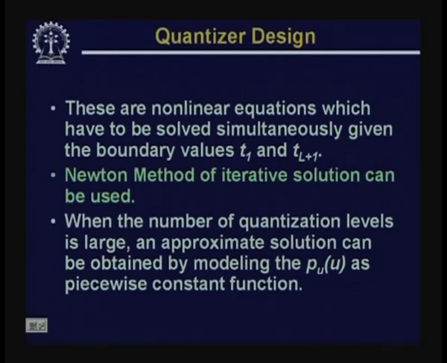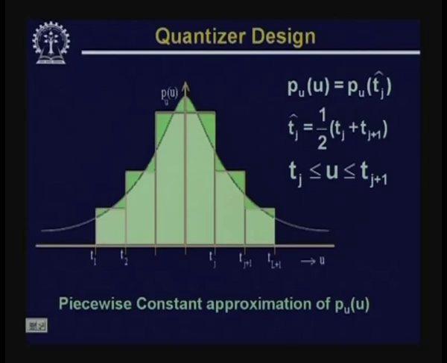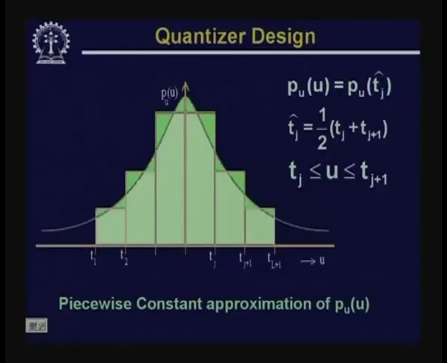So, how do you do this piecewise constant approximation? In this figure you see a probability density function, which is like a Gaussian function. We can approximate it this way: in between the levels T j and T j plus 1, we have the mean value T j hat, which is halfway between T j and T j plus 1.